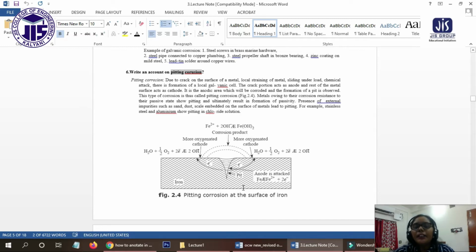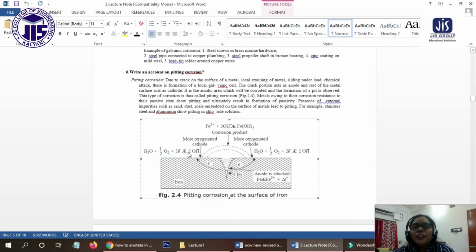Now what will happen, look here. This is a metal surface, and on this metal surface we have a water droplet. Some of the metal surface is open to air, and some of the metal surface is below the water droplet layer.